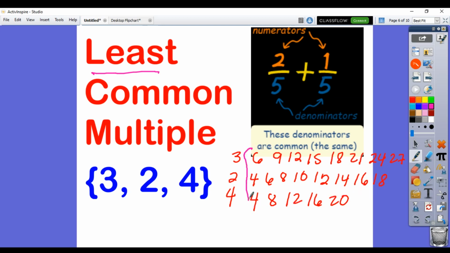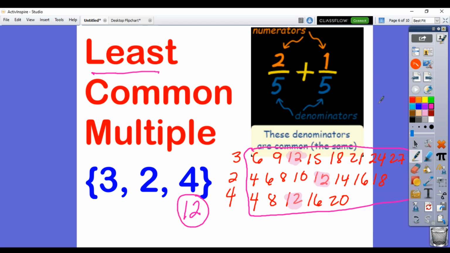What is the smallest number here that is common to all of them? The common one is going to be 12 here. There's a 12 here, and there's a 12 there. There you go. So therefore, the LCM or LCD here is going to be 12.